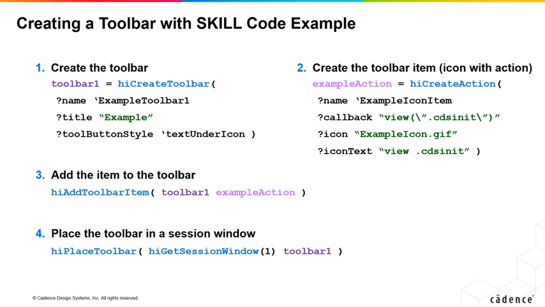We give the name, the callback, which is in this case the SKILL function for viewing a file. Then we give an icon that we want to appear, and then finally we give a text that would pop up when we hover over it. So once we have the toolbar created and the item created, we then call a function called hiAddToolbarItem, specifying the toolbar and in this case, the example action we just created.